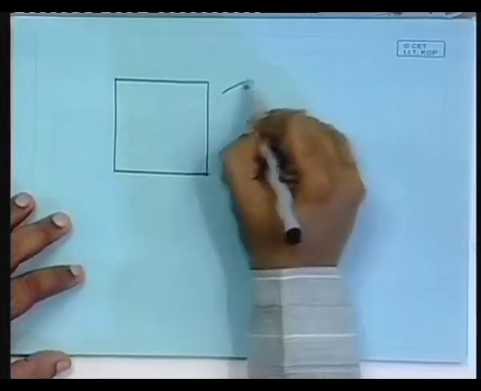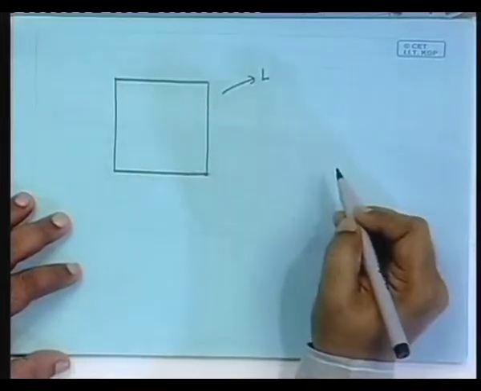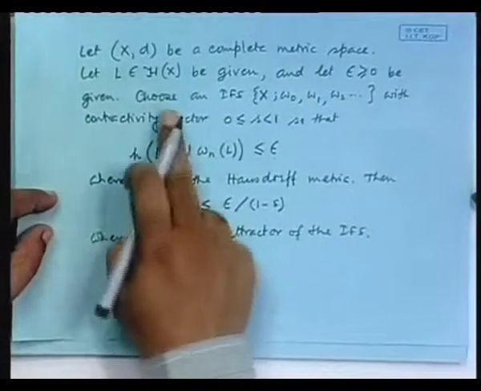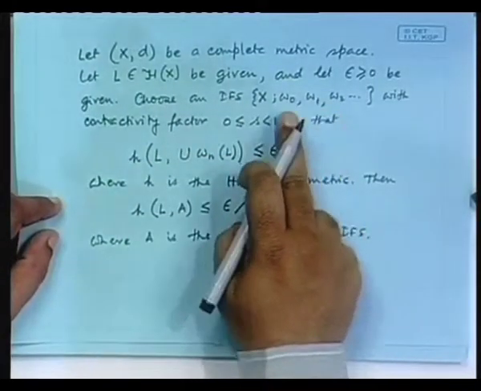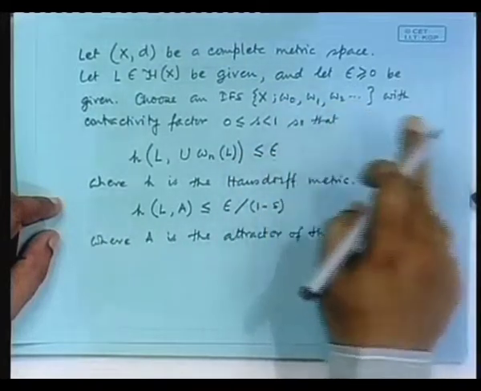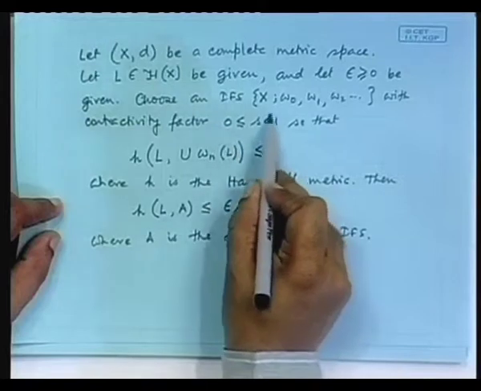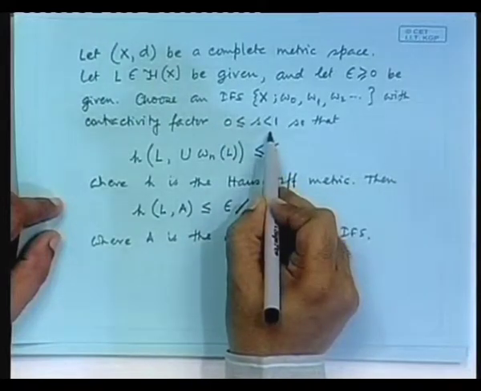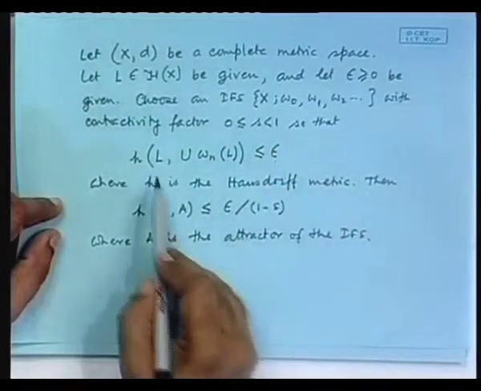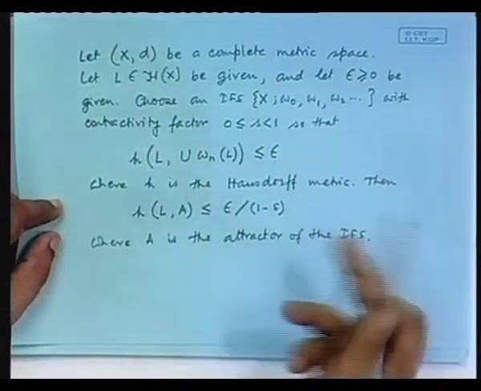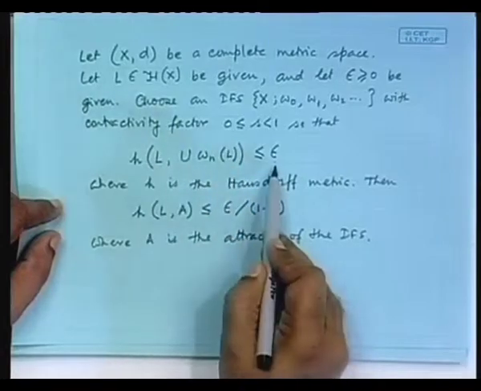This is my L. Now, I have to choose the IFS, that means W0, W1, W2 and so on, in such a way that the contractivity factor is less than 1. But at the same time, after the first iterate, that means after having applied these W's on the same set L, the distance should be smaller than epsilon.